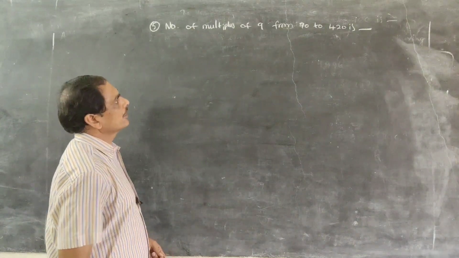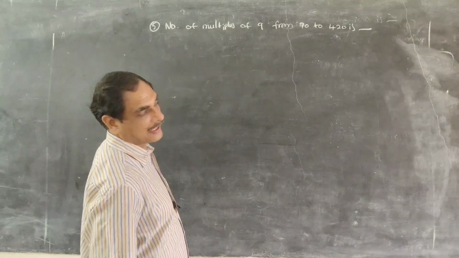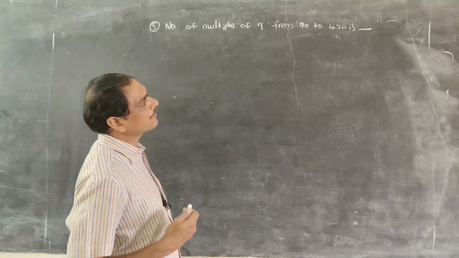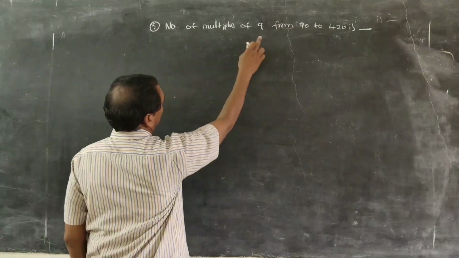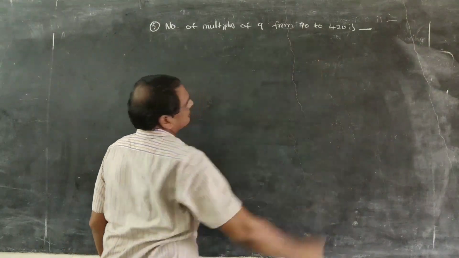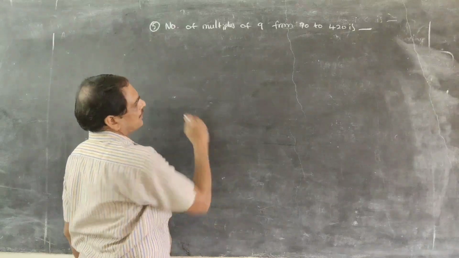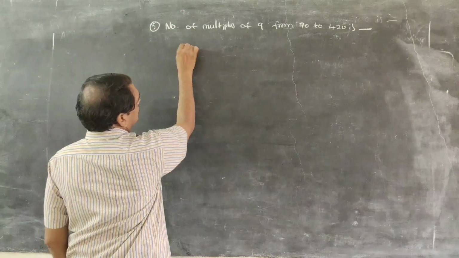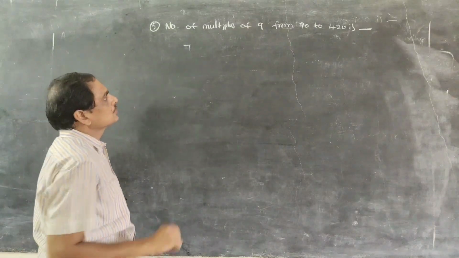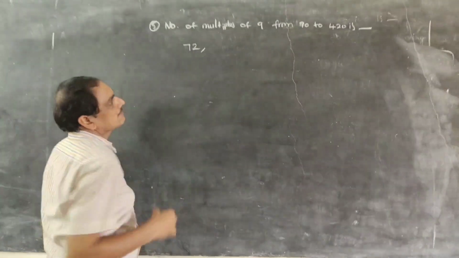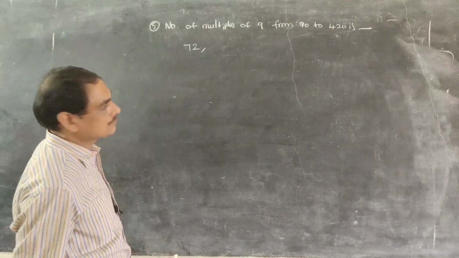So we write the multiples of 9 from 70 to 420. We write the smallest multiple after 70. 9 eights, 72. So 72 is the first multiple after 70.